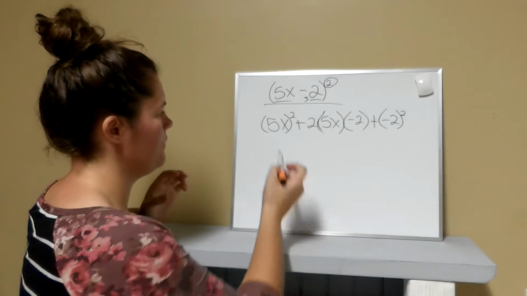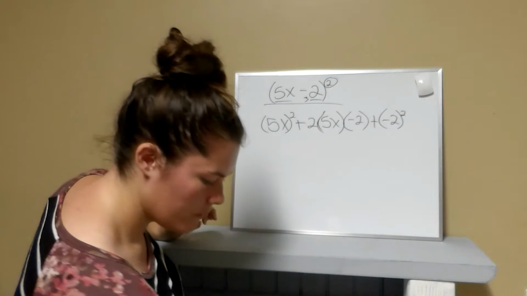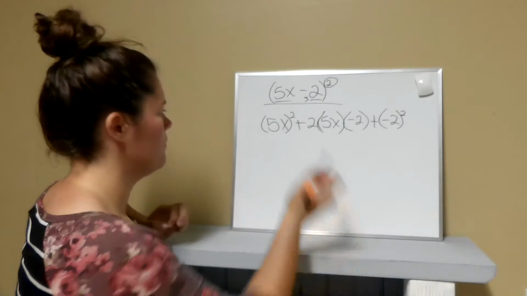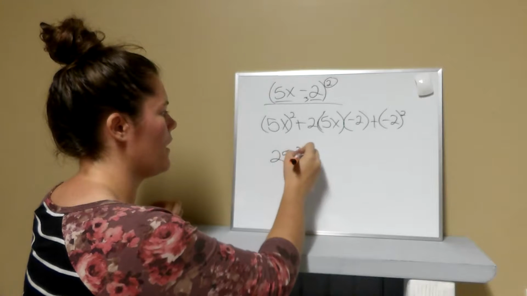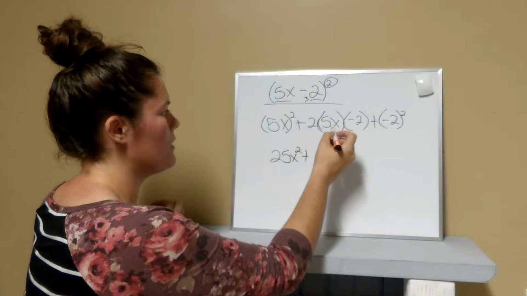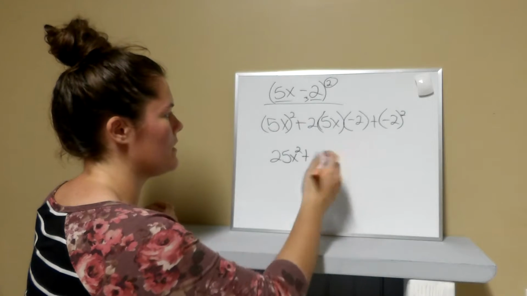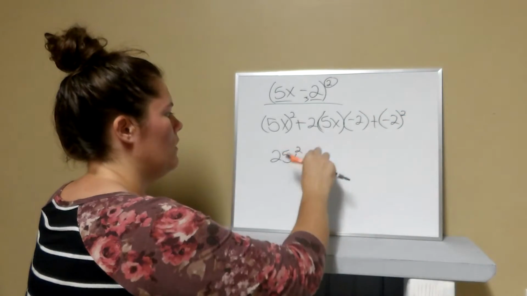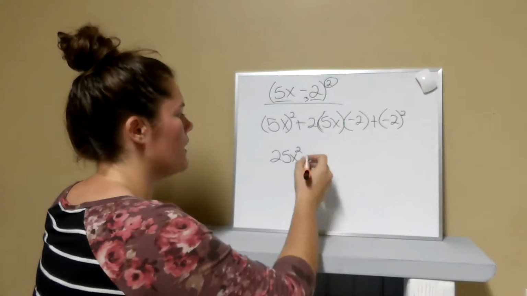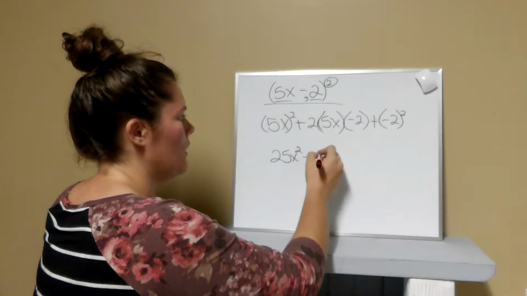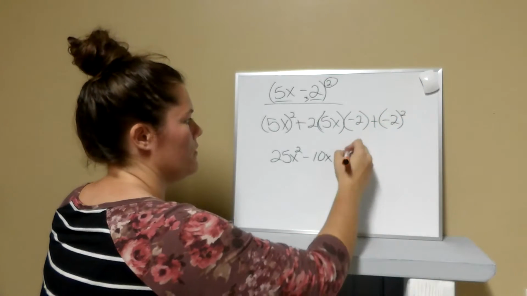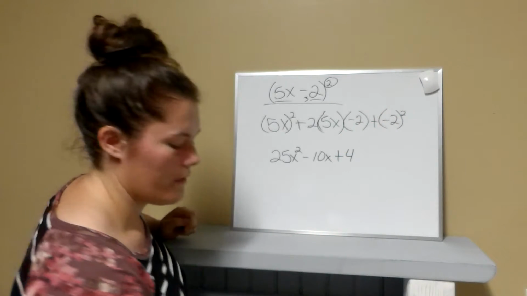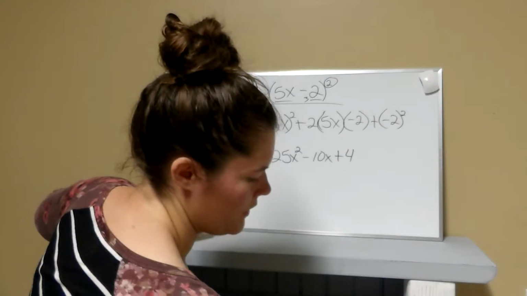So then you have 5, wait, what are we doing? Yes. 5 times 5 is 25x squared plus 2 times 5 equals 10x times negative 2. So then you have minus 10x plus 4. So now you have that.